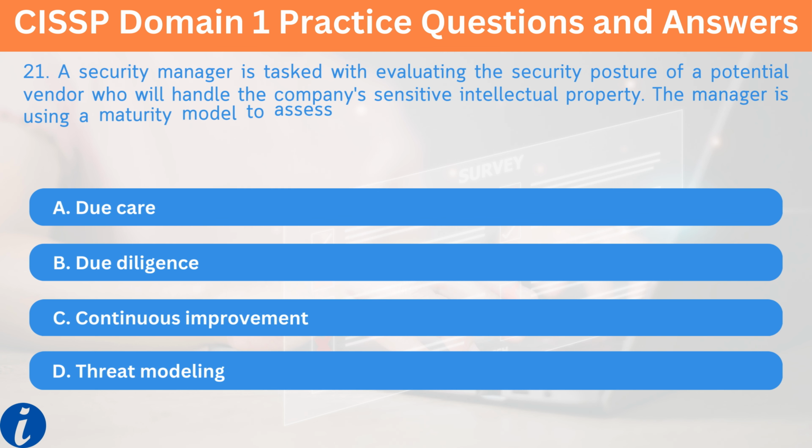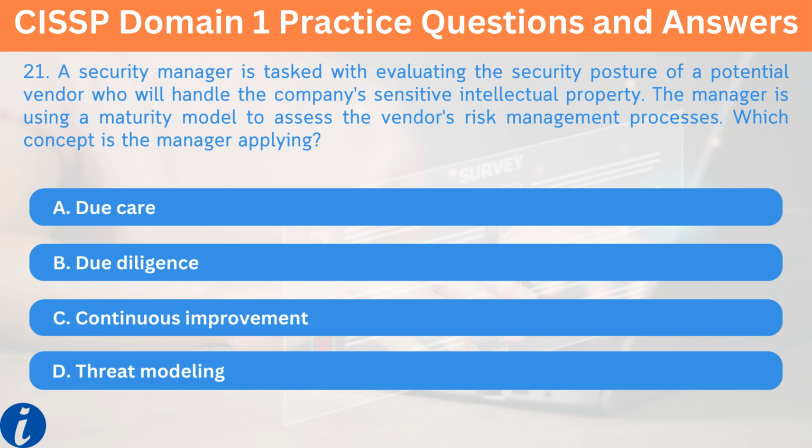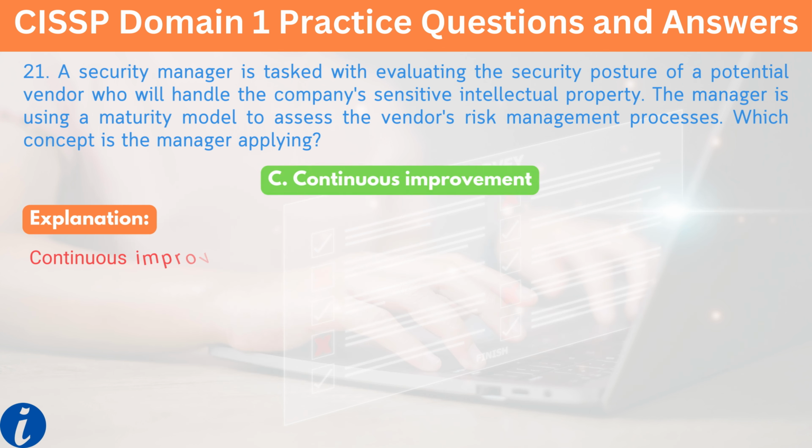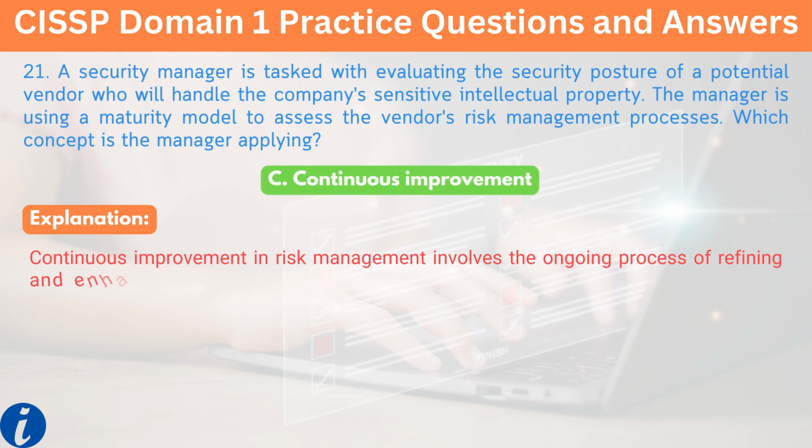21. A security manager is tasked with evaluating the security posture of a potential vendor who will handle the company's sensitive intellectual property. The manager is using a maturity model to assess the vendor's risk management processes. Which concept is the manager applying? A. Due care. B. Due diligence. C. Continuous improvement. D. Threat modeling. The correct answer is C. Continuous improvement. Explanation.